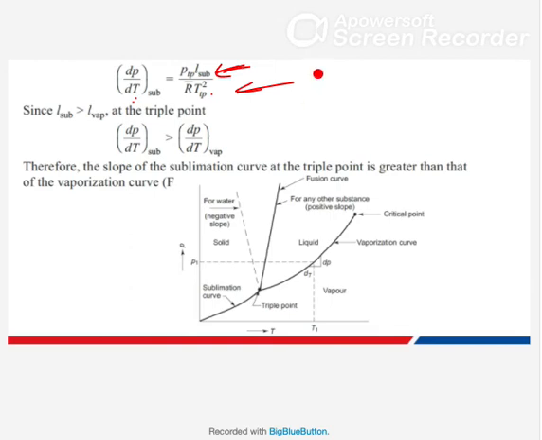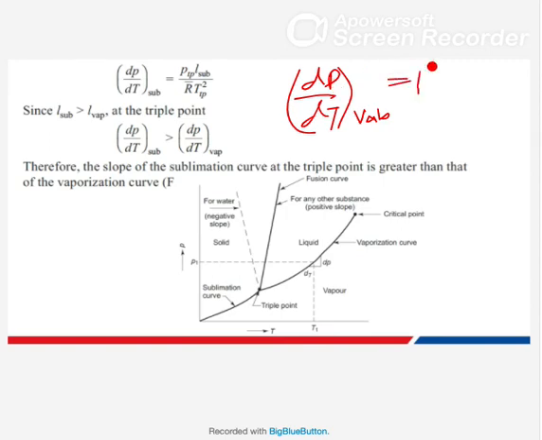I will write for you here, dp by dt vaporization is equal to pressure at triple point times latent heat of vaporization divided by R T P square, like this you will get. Now this is for sublimation and this is for vaporization. What is the difference? The difference is only the latent heat of sublimation.